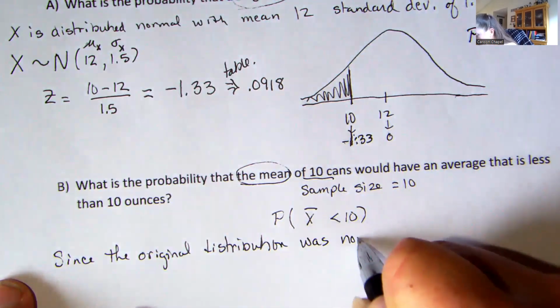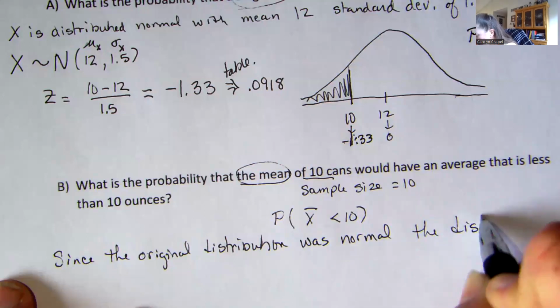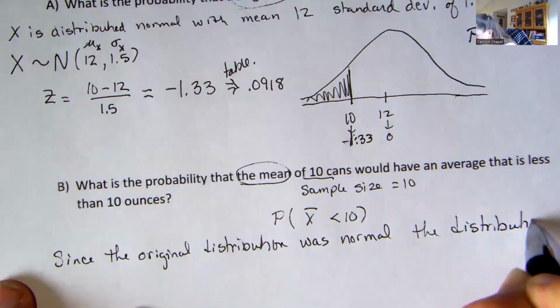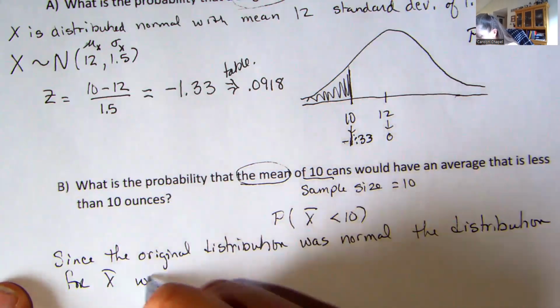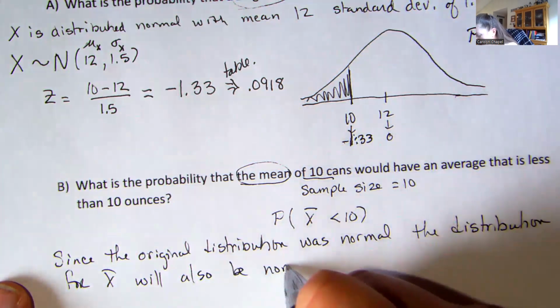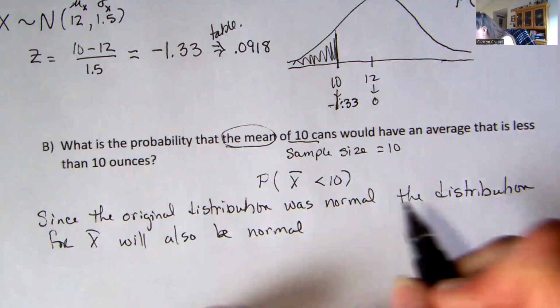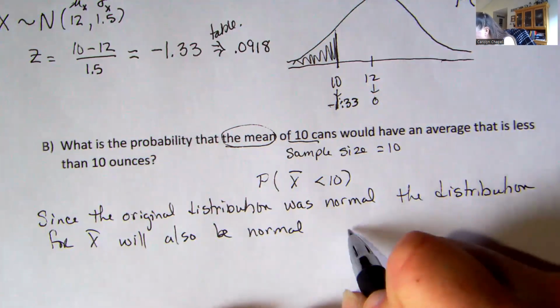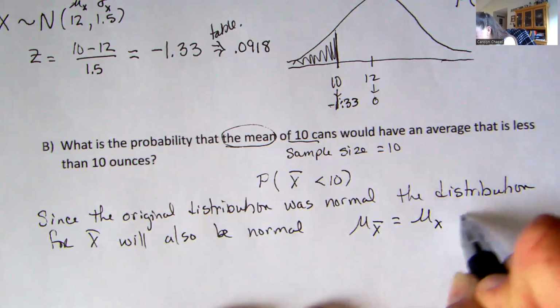The distribution for X bar will also be normal. But the mean and the standard deviation are, well, the mean doesn't change. The mean of our x bar is still the mean of our x, which is still 12.